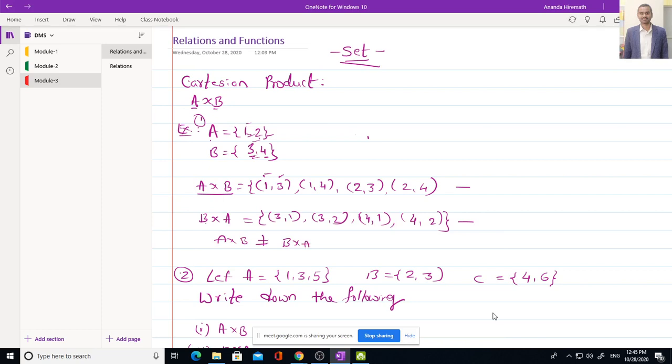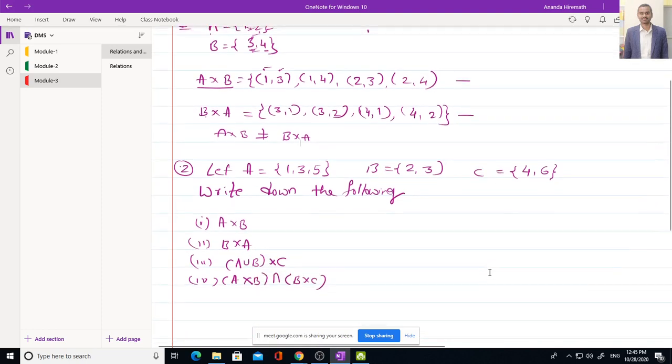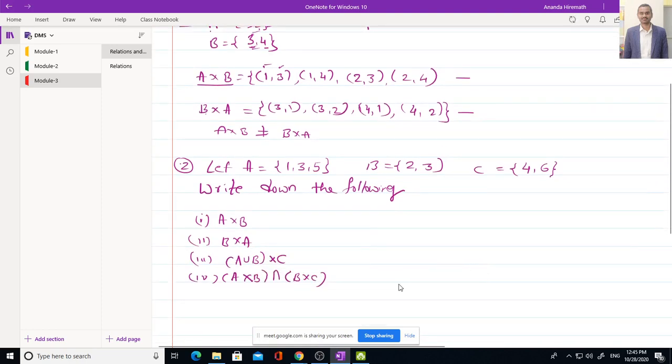Okay. Now one more example I will solve here. A is equal to {1, 3, 5}, B is {2, 3}, and C is {4, 6}. I write down the following. First is A cross B. I'll take the first element from A, then the next element from B. So it will be (1, 2).